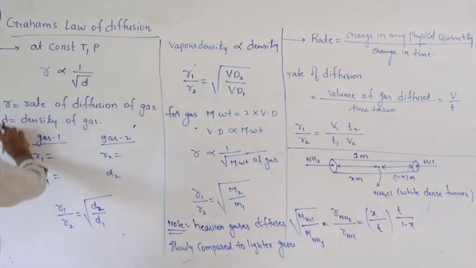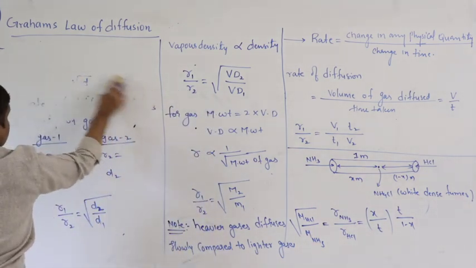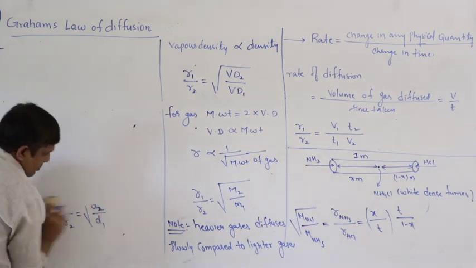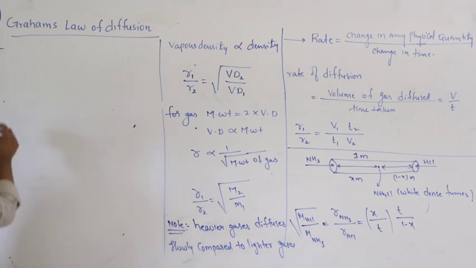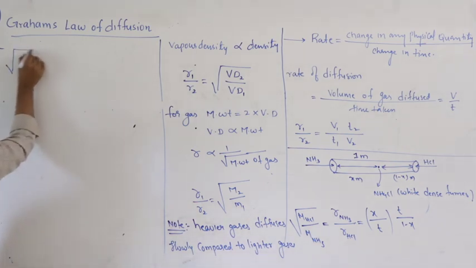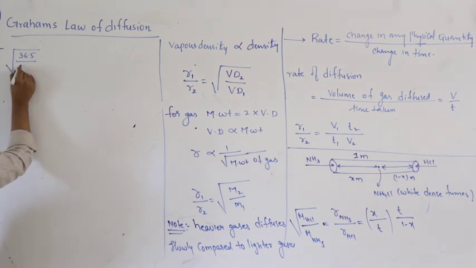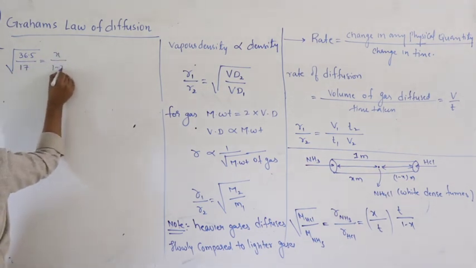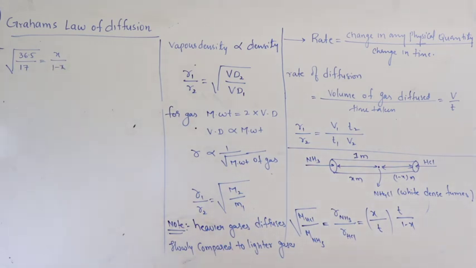Right. So substituting the values and simplifying. What is the molecular weight of ammonia? 36.5 for HCl, and this is 17, equal to x by 1 minus x. So distance x represents what?